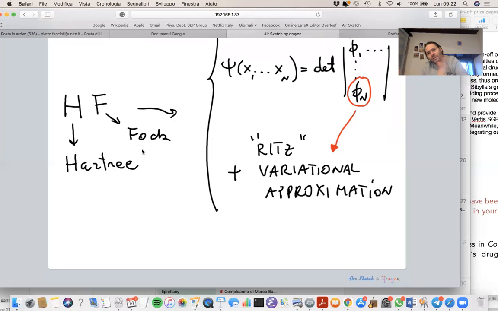If you invest all of that time in trying to digest that derivation, you don't have time left to understand the basics of quantum mechanics. So I think it's better not to do that.